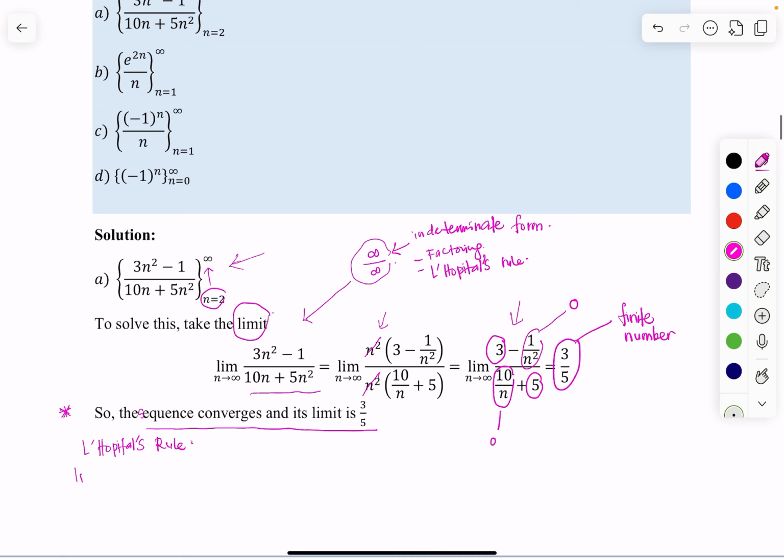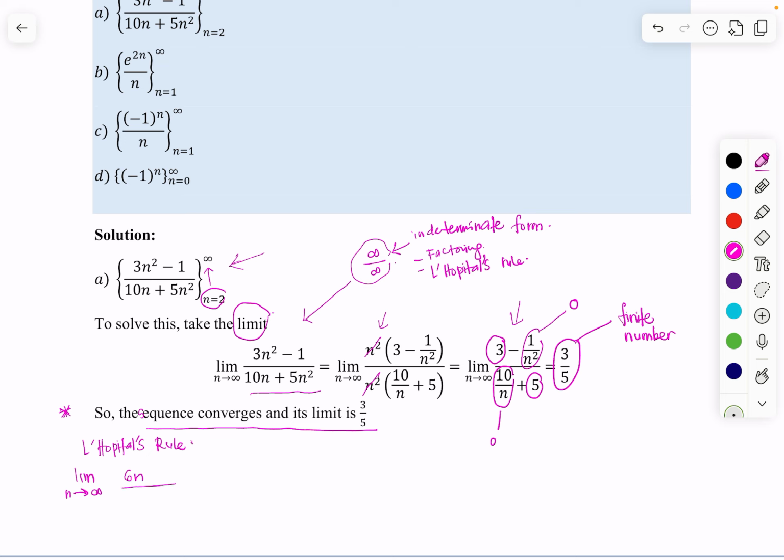So in this case, we have the limit as n approaches infinity. You differentiate the numerator 3n square minus 1, and you get 6n only, because differentiating 1 gives 0.